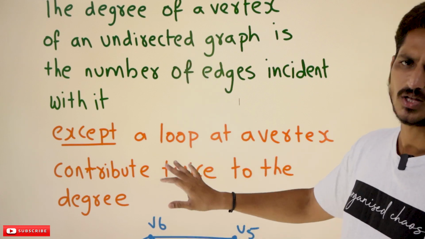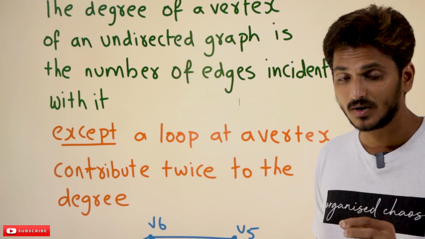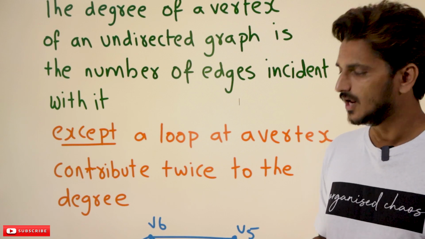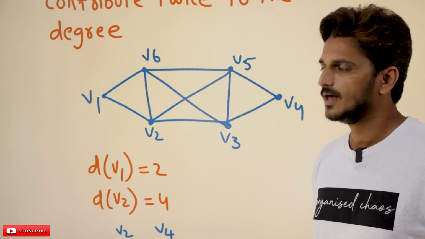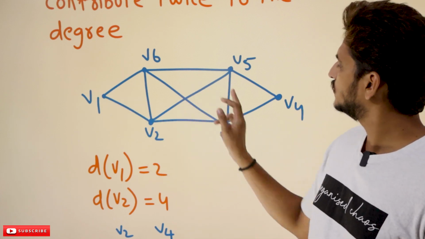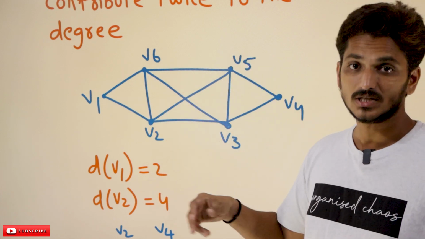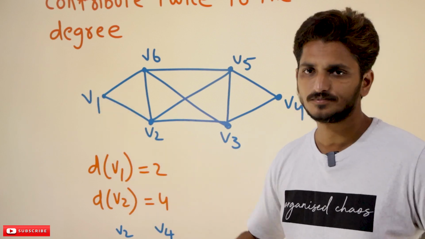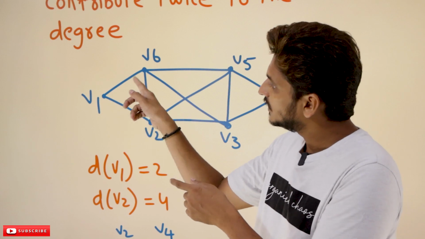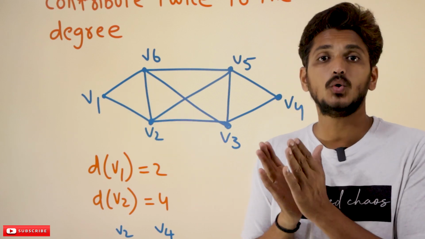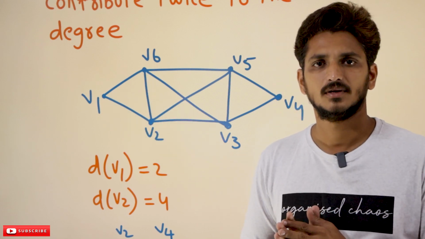So what is this? We are going to understand it with an example. It is going to be understood better. Let's take an example. This is the graph which we are considering here. We have vertices V1, V2, V3, V4, V5, V6. What is the degree of V1? Vertex V1 is incident with two edges.